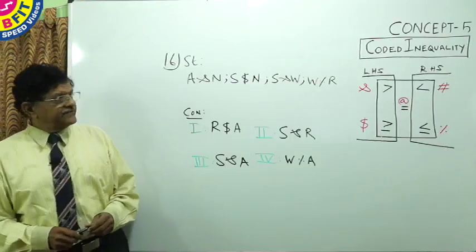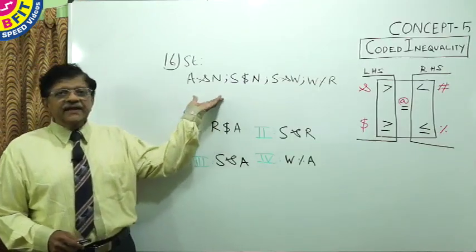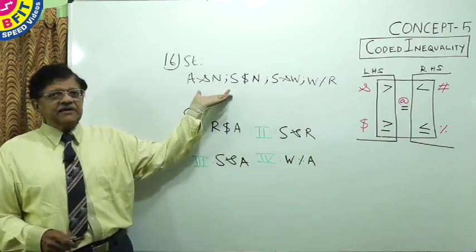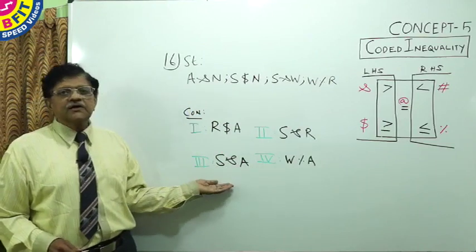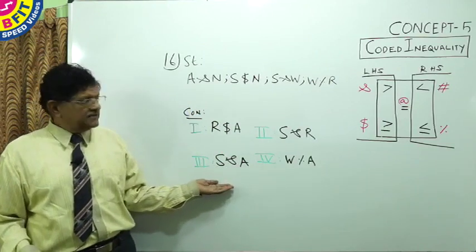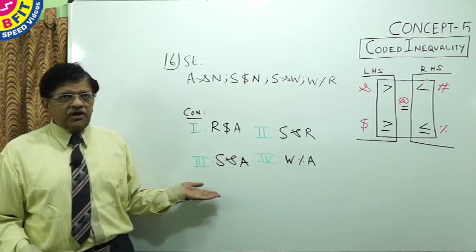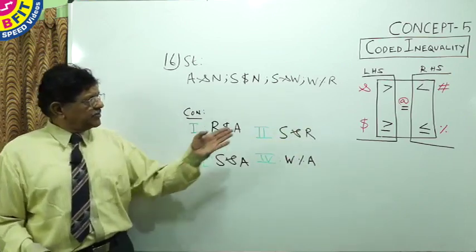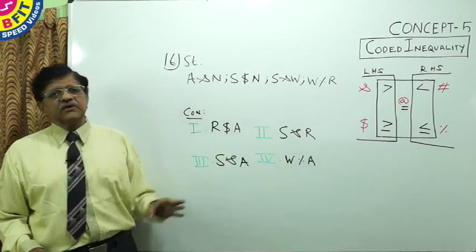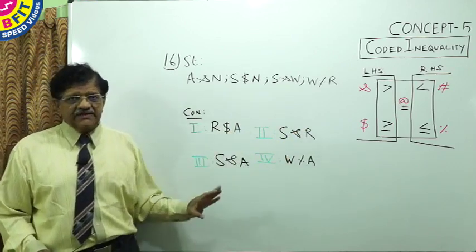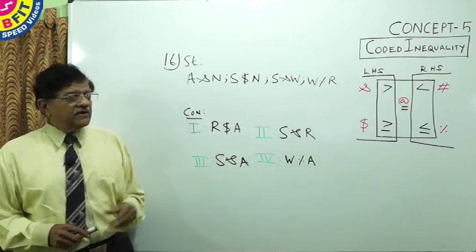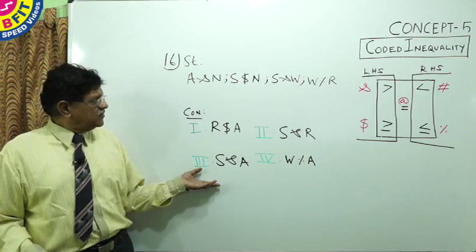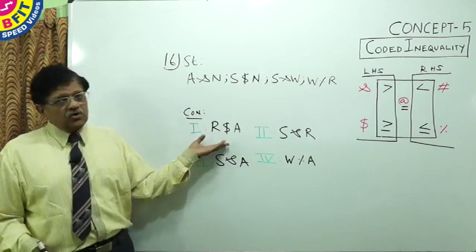What I have done is, I have written the given statements. There are about 4 statements given. I have written the given statements here, and the conclusions that have to be proved, all the 4 conclusions, and the magic box in which we have already incorporated the codes against the equivalent symbols. Now we have to find out whether these conclusions are true or false.